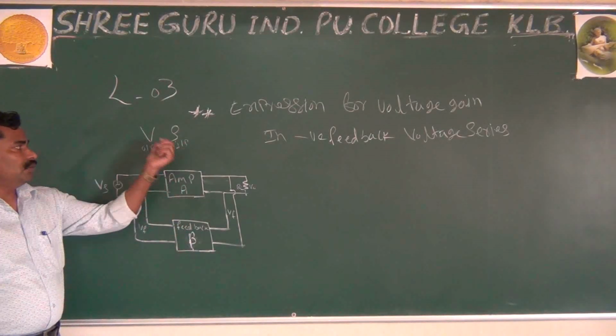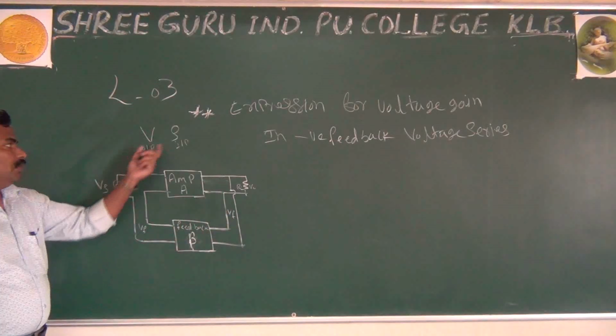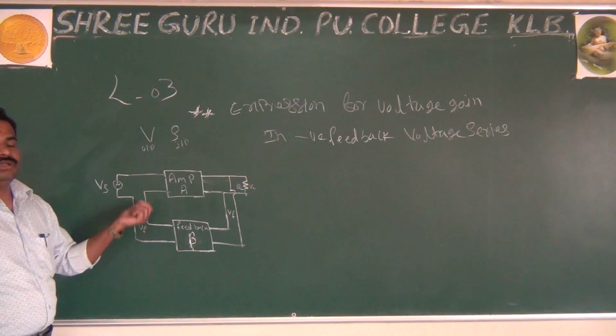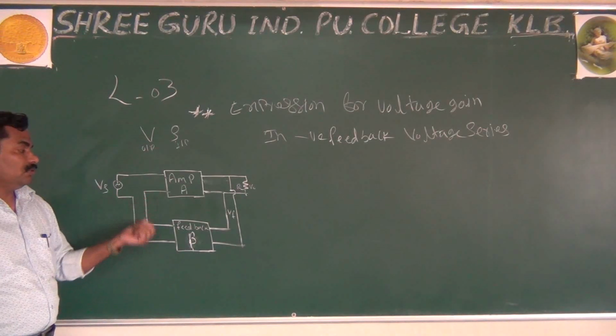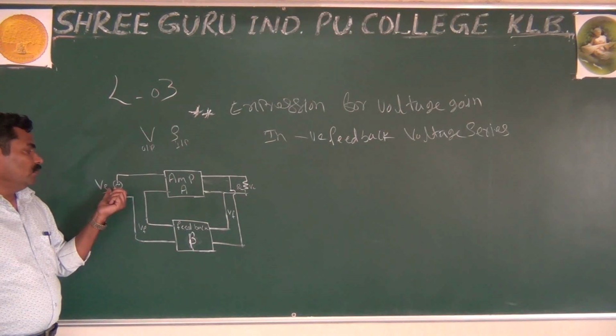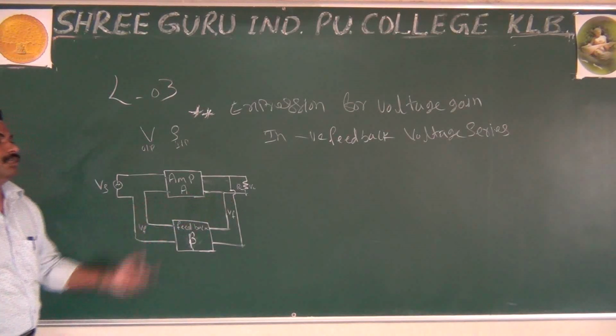So simple: in the output we are measuring the voltage, that's why connecting in parallel, and in the input we are connecting in series, and as you know the voltage can be added or subtracted in series. That's why it is called the voltage series feedback network.